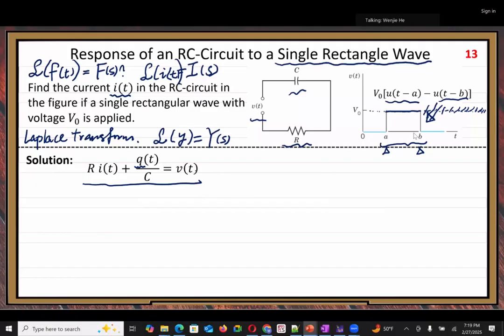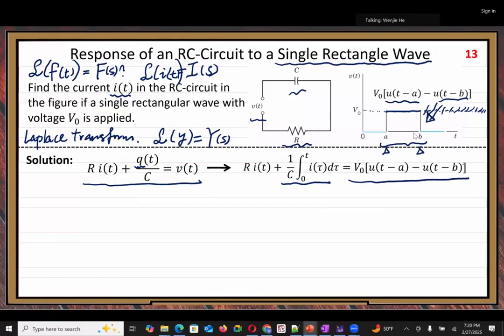Then after that, we need to apply the Laplace transform to both sides. Let's do it one by one. Before we apply it, we write the second term on the right-hand side explicitly, because Q, electric charge, is the integral of the current function, based on the basic formula.